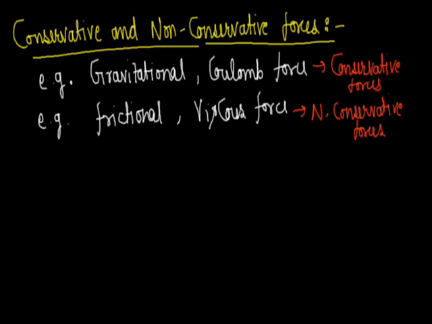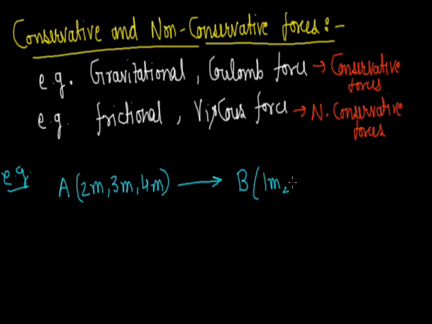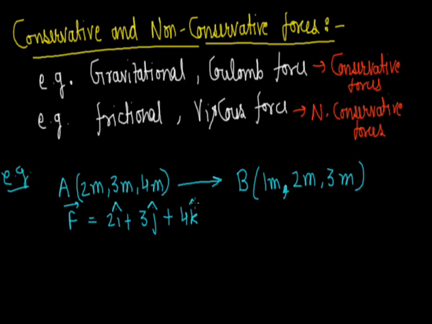For example, a body is displaced from a point A, whose coordinates are 2 meter, 3 meter and 4 meter, to a point B having coordinates 1 meter, 2 meter and 3 meter, under a constant force F equals 2 i cap plus 3 j cap plus 4 k cap newton.